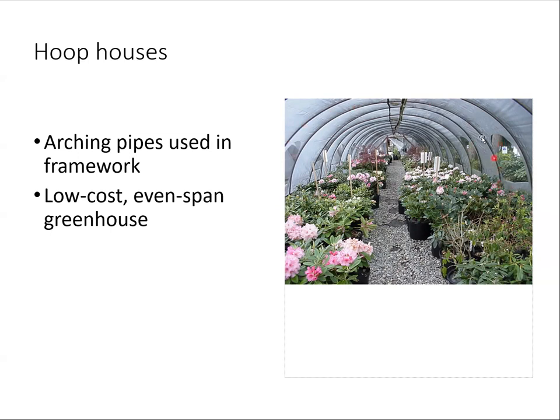So from here up around to here, it's just an arching pipe, generally with some sort of securing pipe that goes between it. And when I say pipe, I literally mean pipe. You sometimes see these built with simple PVC pipe. It's not to run water through, it's just to provide structure.